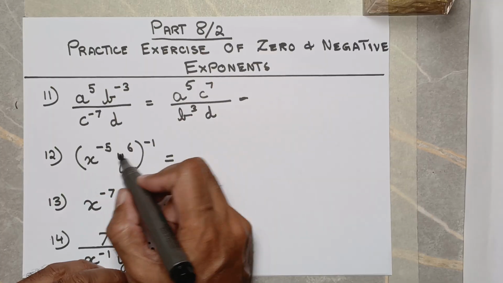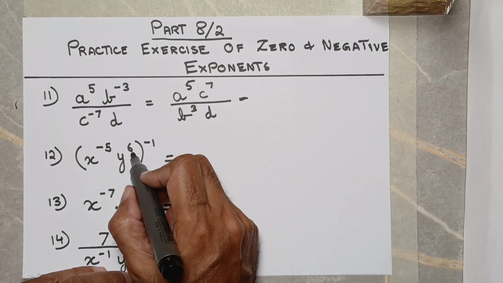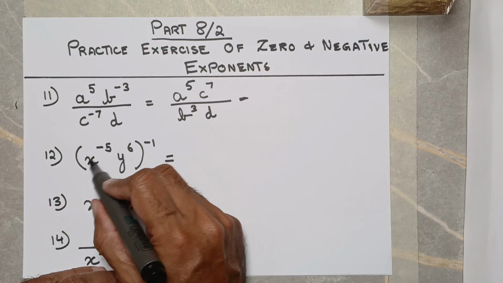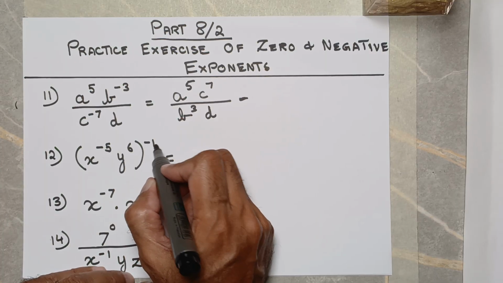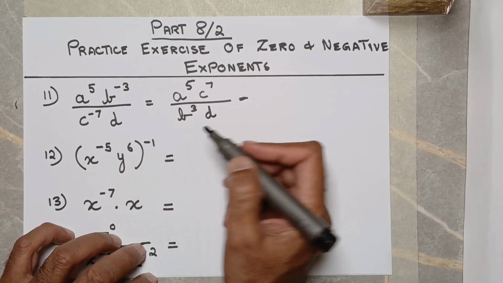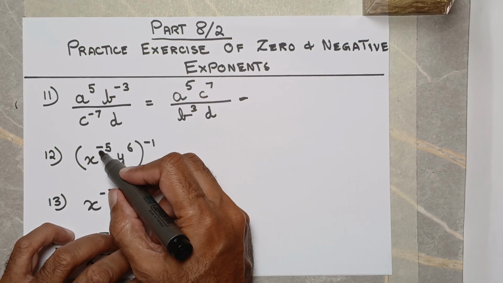In question number 12, x raised to the power minus 5, y raised to the power 6, all within the parentheses, but outside is the whole raised to the power minus 1. We will simply multiply the exponents.